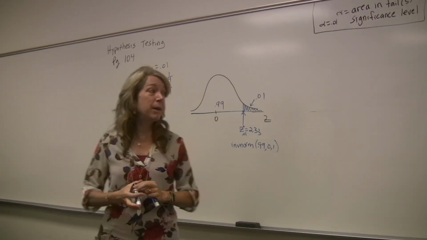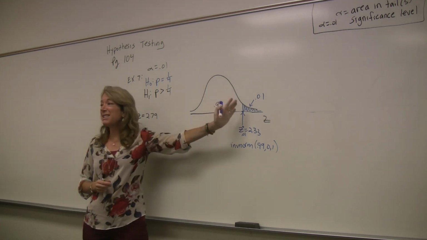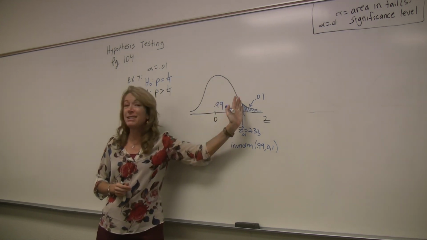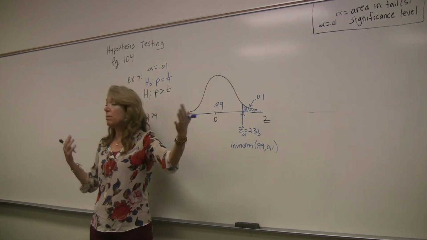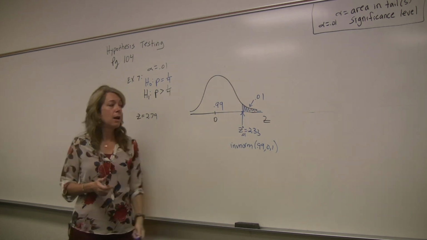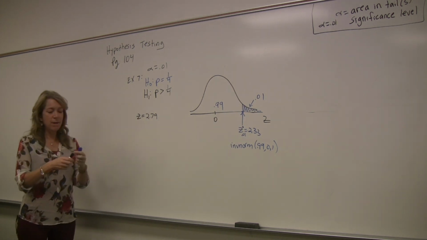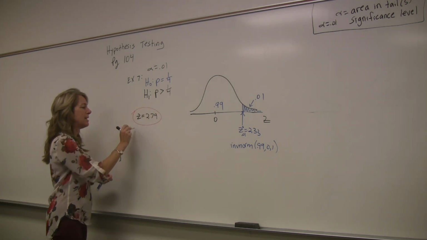Okay, so here's the big picture now. We've decided that this is the cutoff, that anything past that is far enough away to be unlikely and to be rare. We're going to talk about how to come up with this later, but our test did some work and came up with this test statistic.